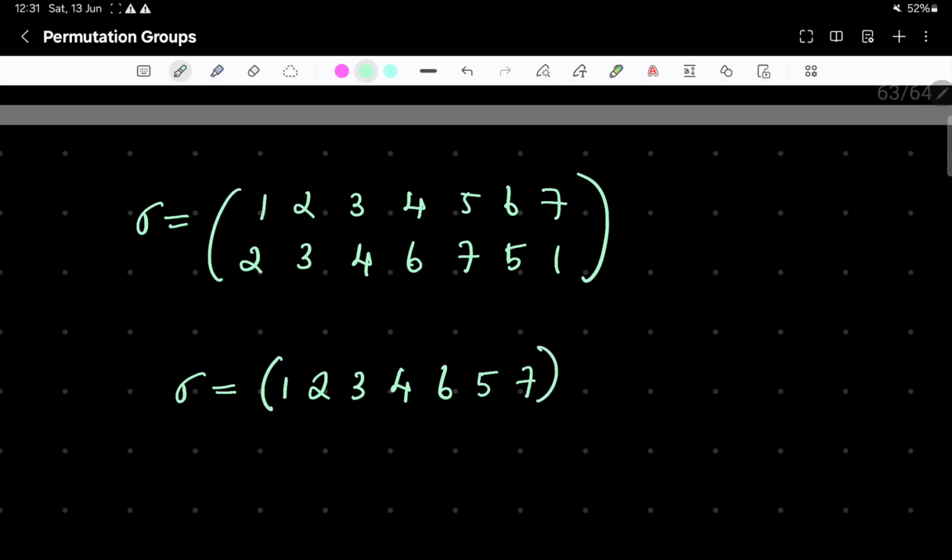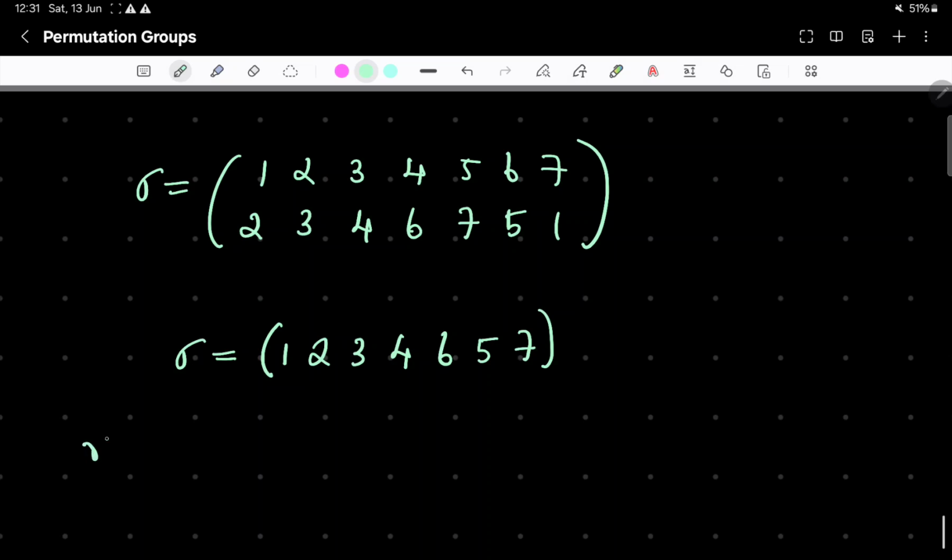So when the first number repeats, you have to stop. 7 goes to 1, so it is full length, there are no gaps: 1 2 3 4 6 5 7. That's what happened.